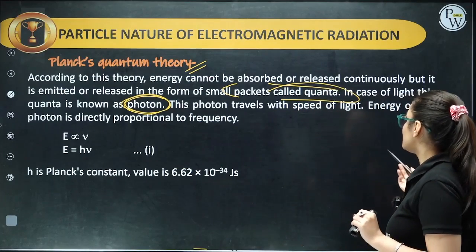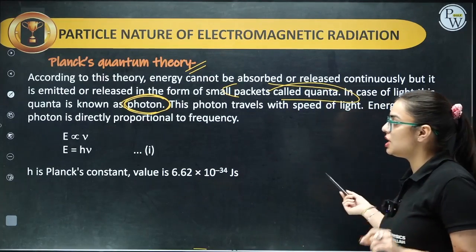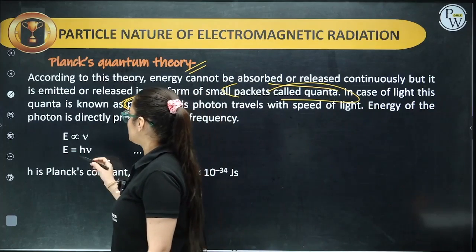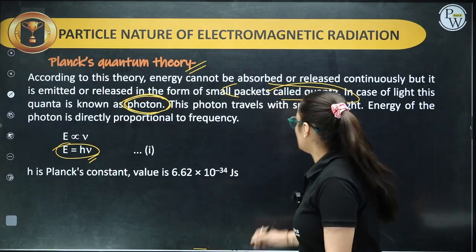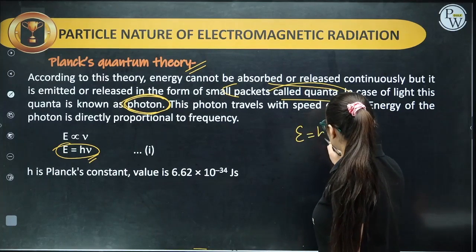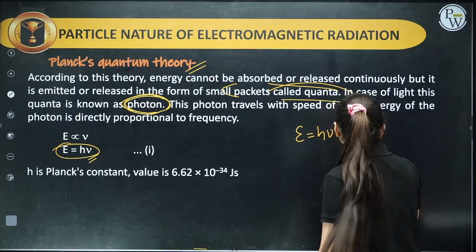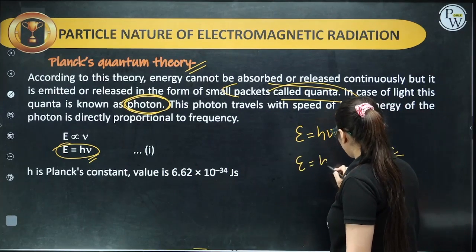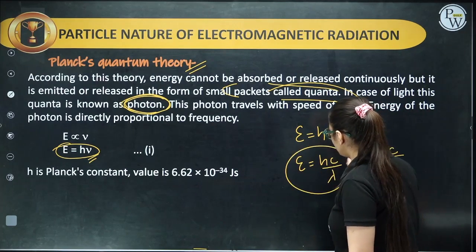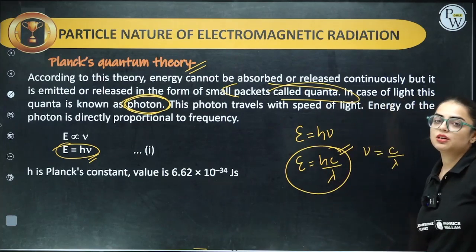The photon travels with the speed of light. Energy is directly proportional to frequency. E is equal to h nu. And you very well know nu is C by lambda, so you can say E is equal to hc by lambda. Many questions are asked from this particular formula.